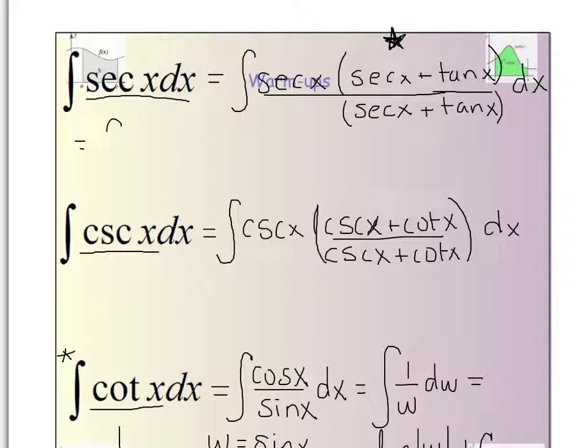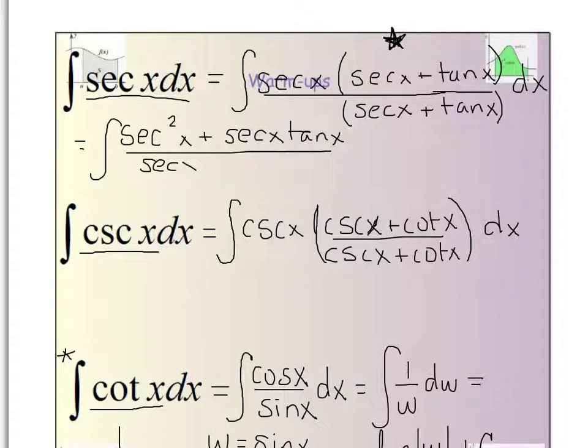Well, if you multiply this out, you will get secant squared of x plus secant x tangent x all over secant x plus tangent of x dx. That looks rather curious. Do you recognize what secant squared of x is? Or do you recognize secant x tangent x? Take a look at that.